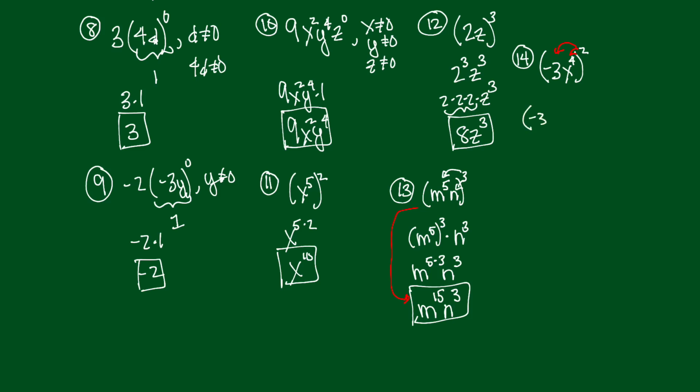I'll get negative 3 squared and then x to the 4th squared. Now, negative 3 squared, negative 3 times negative 3, is 9. And the x to the 4th squared, I'll show it, but you know what you're going to do. You're raising a power to a power and multiplying those exponents. So here's what we're going to get: 9x to the 8th.